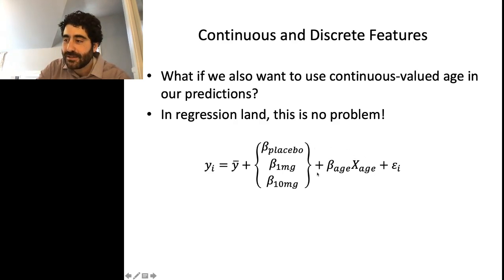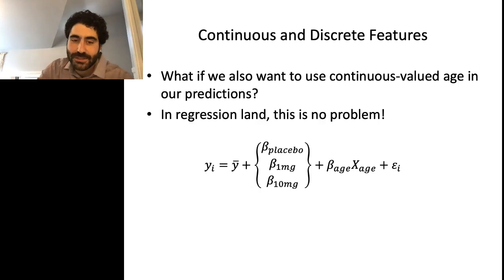And this here is a regular slope times X regression, like we talked about when we first talked about linear regressions. This beta here would basically say that for every extra year old someone is, we're going to make some adjustment to our prediction about their outcomes, right? We might predict that if you're an extra year older, you're going to have slightly worse outcomes, something like that.